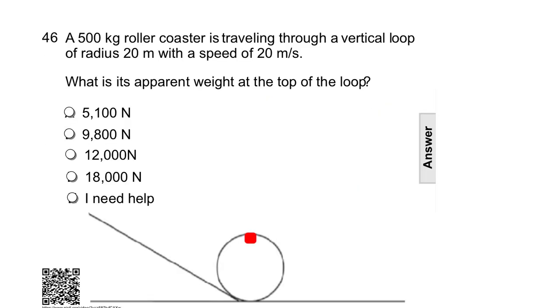So at the top of the loop, assuming he's not going too slow, we got normal force, we got weight pointing down. So therefore, the net force, centrifugal force, equals normal force plus weight. I'm looking for normal force.